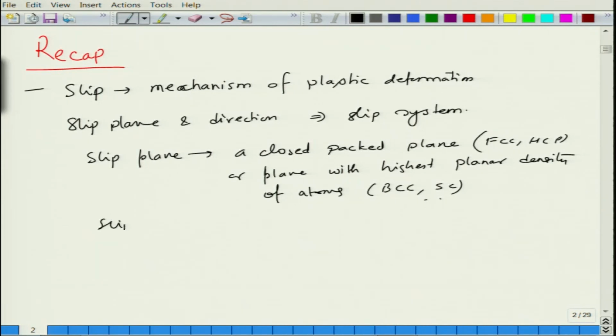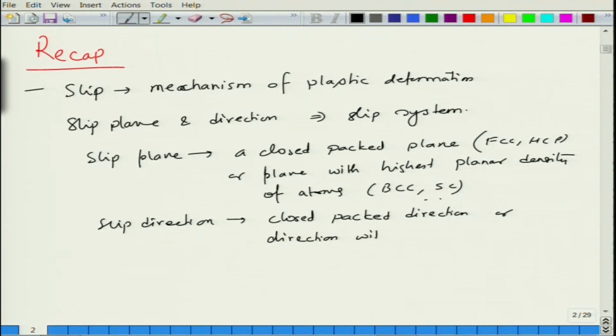And then you have a slip direction, which is again a close packed direction, or if you do not have a close packed direction, then a direction with highest linear density.